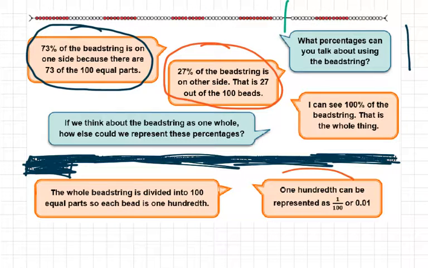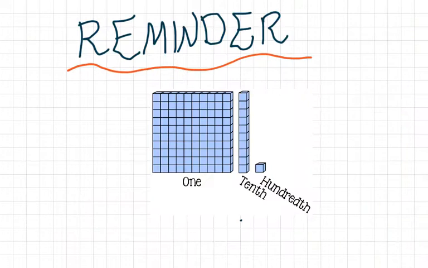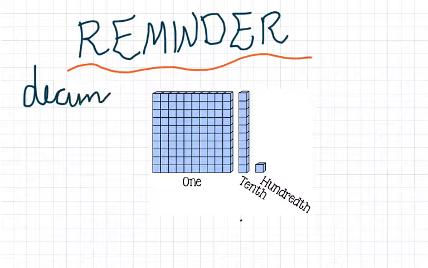This section down here, we're going to look at in a bit more depth now, how to turn percentages into fractions. Before we do that, I just want to do a quick reminder for you. Another way to look at wholes, and when we split up wholes, is by using decimals and fractions.